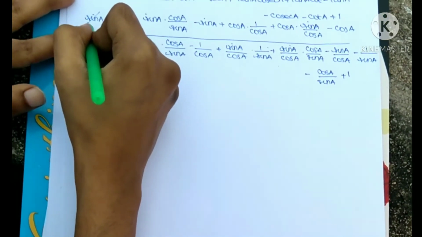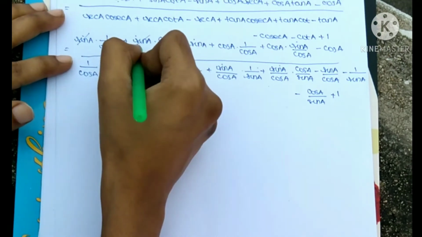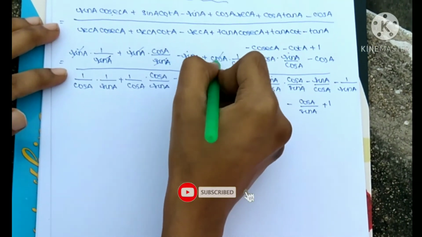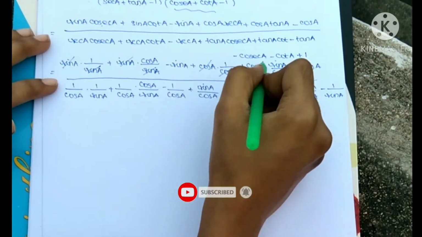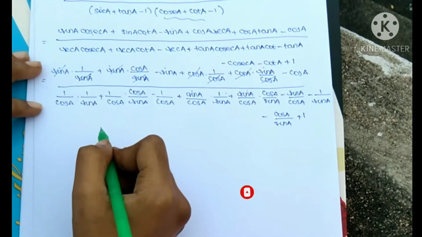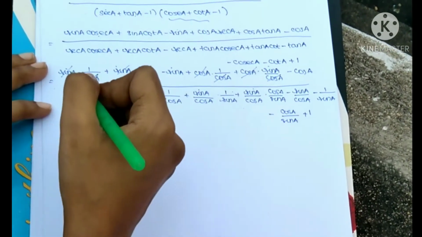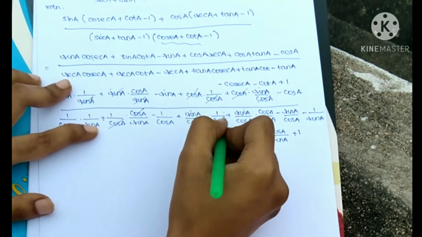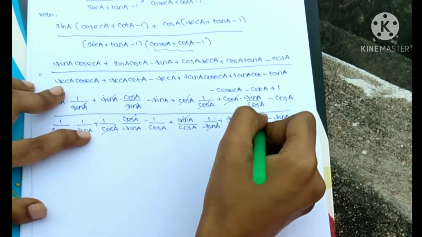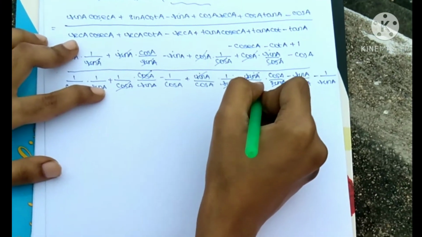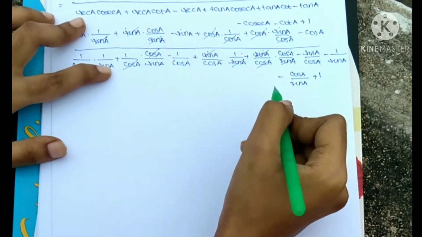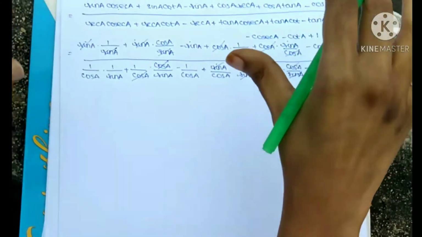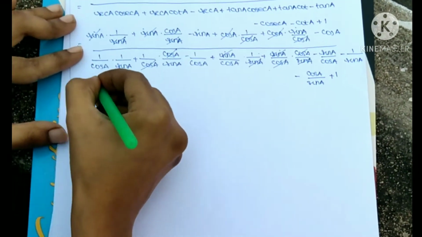See our numerator. This sin A gets cancelled, this sin A gets cancelled, this cos A gets cancelled, this cos A gets cancelled. See our denominator, what all gets cancelled? This remains same. This cos A gets cancelled, this sin A will get cancelled, this sin A can cancel, cos A also gets cancelled, and remaining all only here.